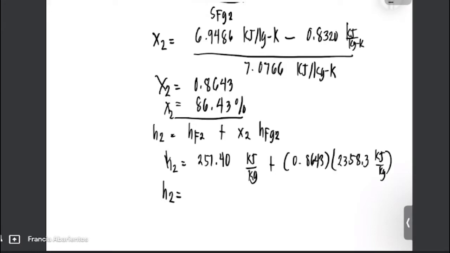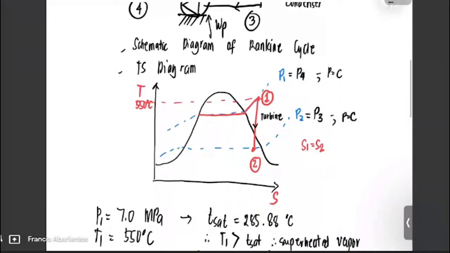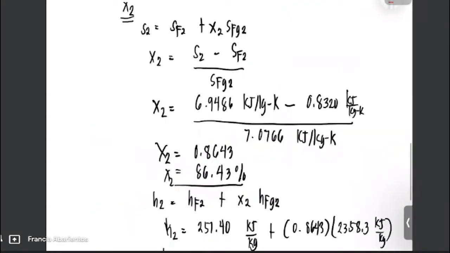Compute for the property. So we are just solving the properties leaving the turbine, kasi point 2 tayo. Point 2 to point 3. What is now your answer in enthalpy?